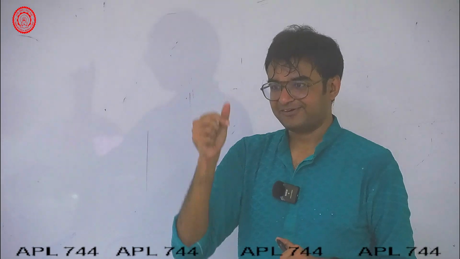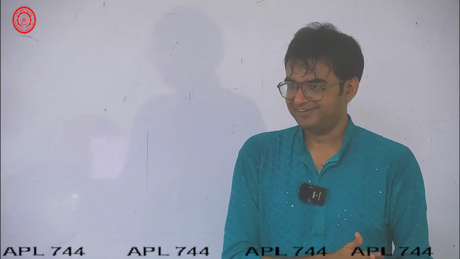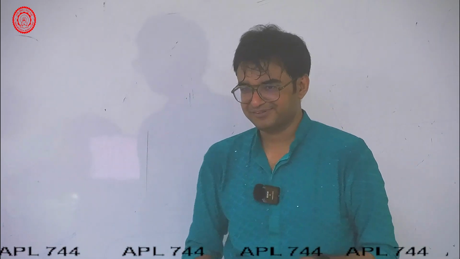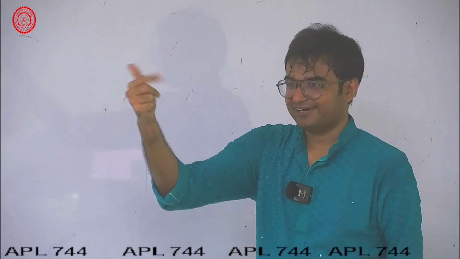If I toss a coin and get a head, the probability is mu. If I get a tail, the probability is 1 minus mu. So mu is theta. My PMF for this is the Bernoulli distribution. Coin tossing is a Bernoulli distribution, which is mu to the power x multiplied by 1 minus mu to the power 1 minus x.